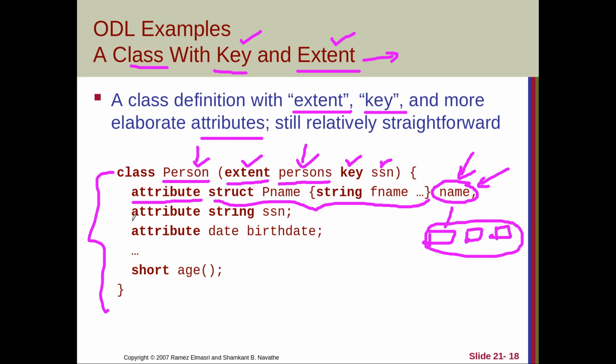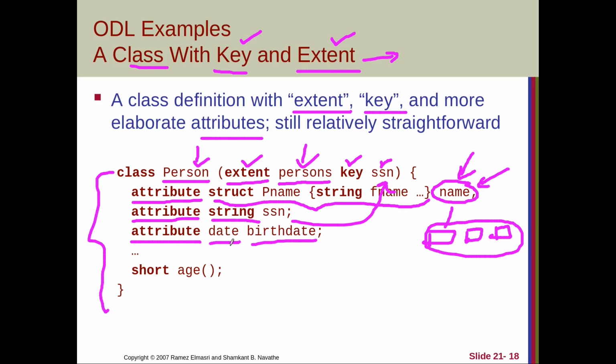Then we are specifying another attribute SSN, which is of built-in type string, which is considered as our key attribute here. Then another attribute birth date, whose data type is date.